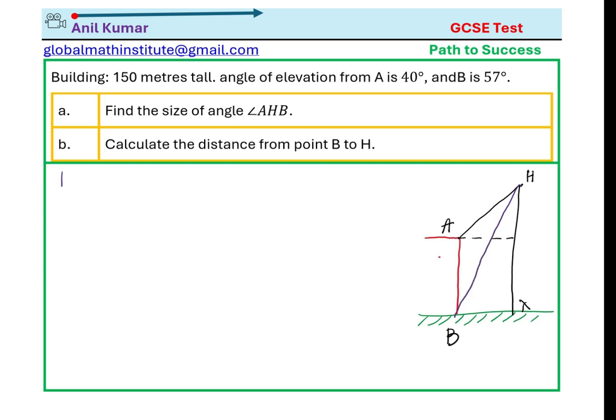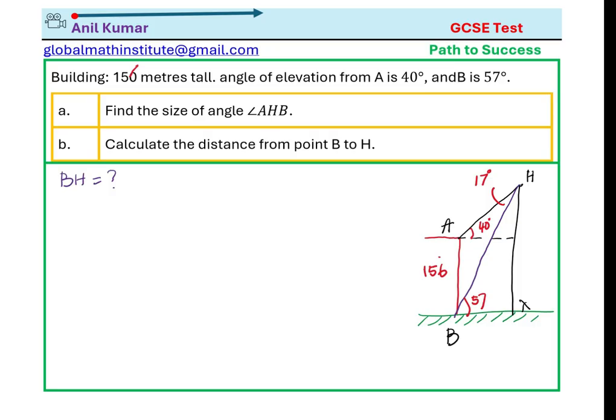Now we need to find what is BH. We know now the angles, which is given to us as 40, this is 156, this is 156, 40 degrees, 57, and this is 17 degrees, correct?